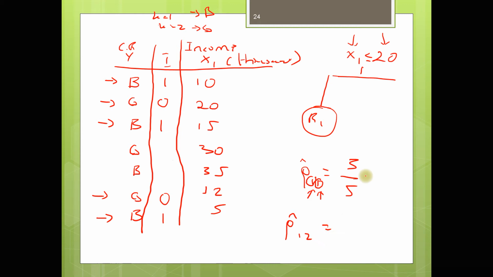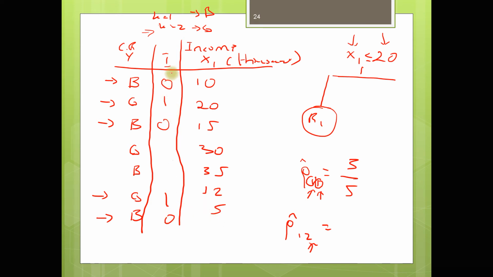All right, so pickup 1, 2 now. I think it's quite obvious it's going to be 2 out of 5. But if you look at it in terms of the indicator function, it will be like this. If k is equal to 2, you return 1, otherwise return 0. Here it's not the case, so it's 0. Here it is. Remember, k equal to 2 represents good. Yes, you return 1. No, you return 0.